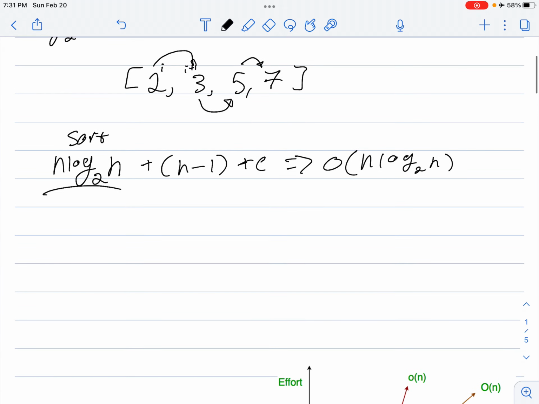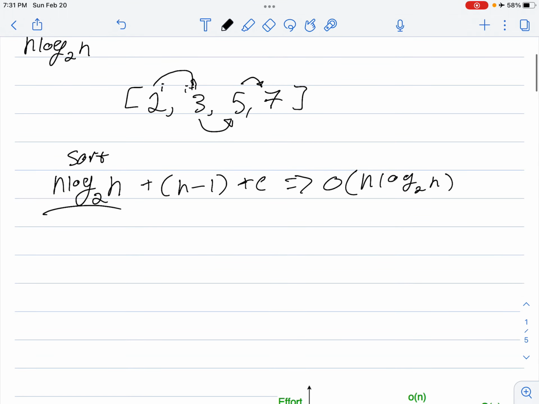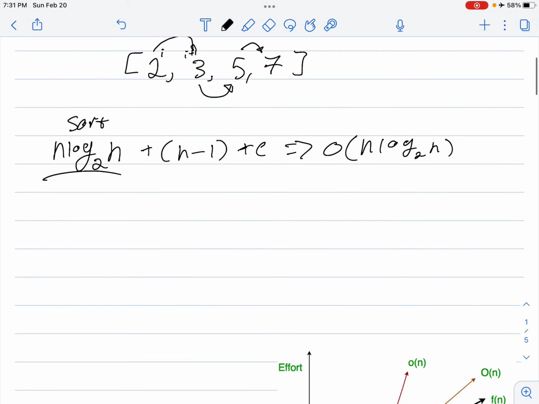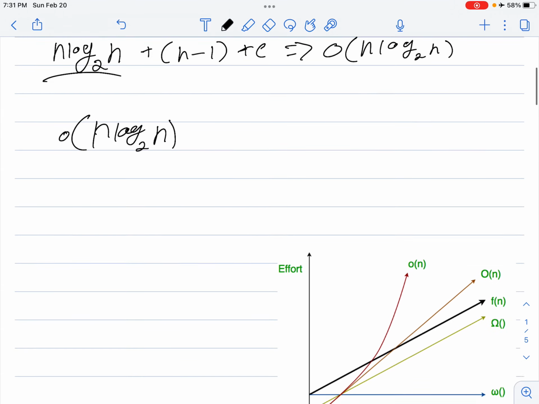The version of this element distinctness problem that we're doing raises the question: can we do it in little o of n log n time? So at most, this is a loose upper bound.